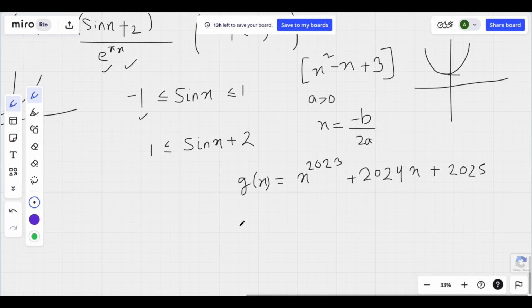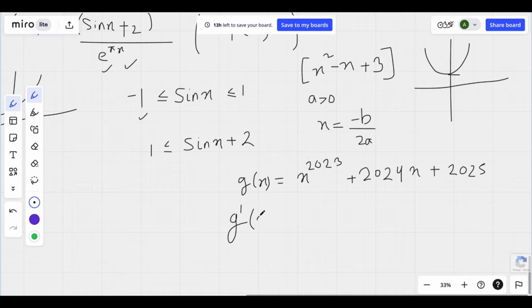Since this is a big power, we cannot say directly by observing, nor can we plot it directly on a graph. So what we can do is try to find the derivative of this.